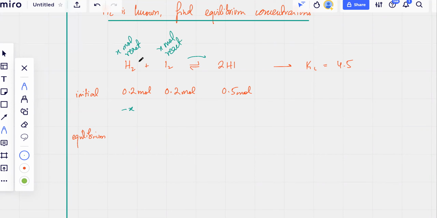And on the other side, it's 1:1:2, so that means 2X moles are going to be produced on this side. So if X moles are gone, X moles would be gone over here as well, and 2X moles would be produced on the other side. Is this clear?